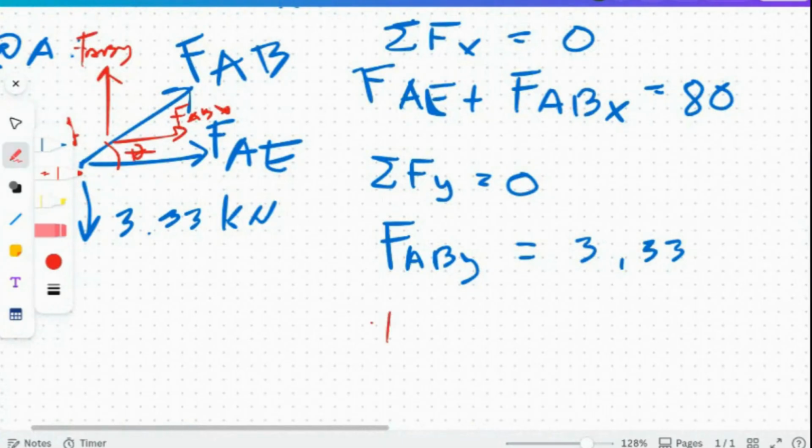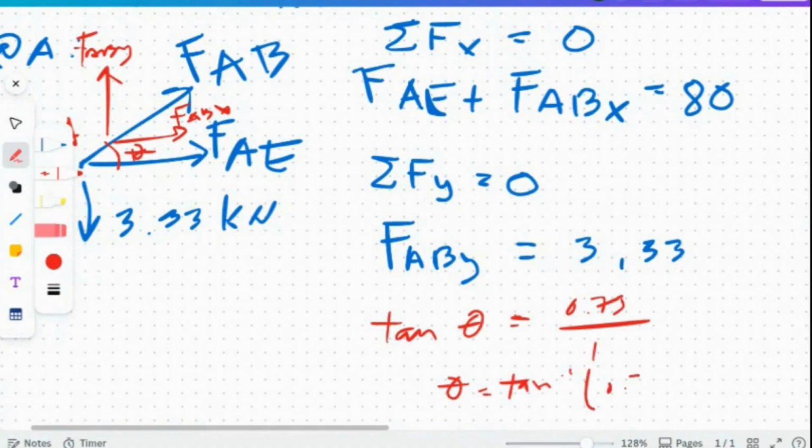So we will use tangent theta equal to opposite 0.75 over 1. Now theta is equal to arctan 0.75.